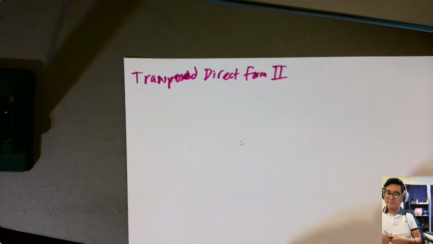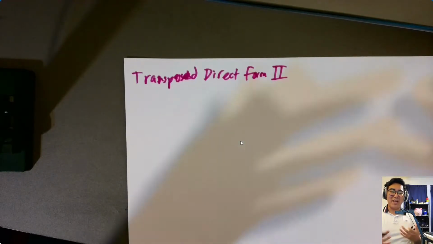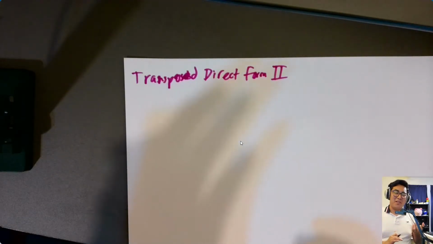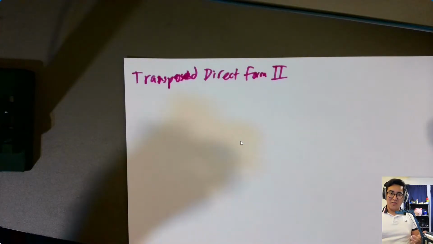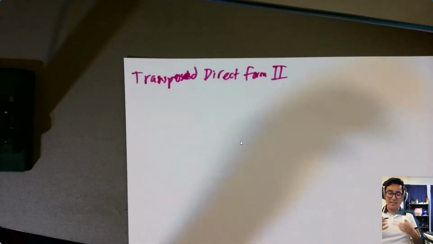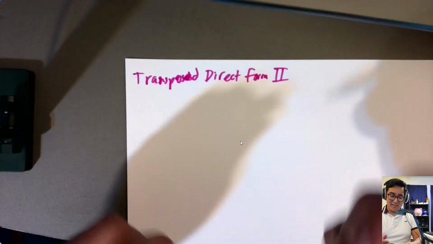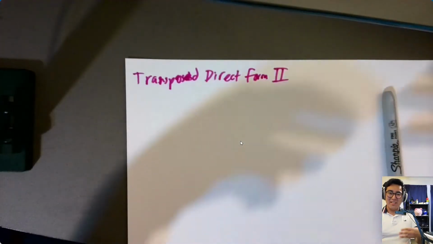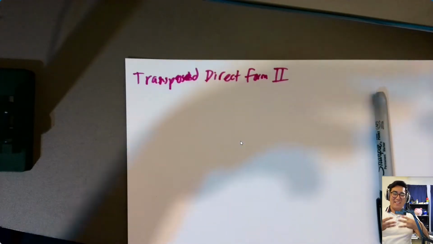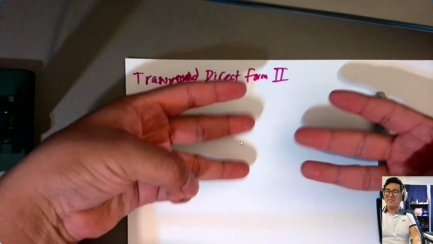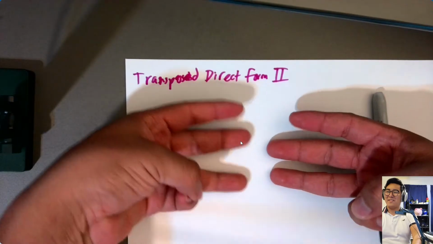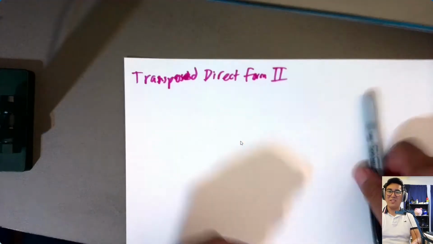Let's use black. So remember the way I told you from that one video, I think it was the introduction to linear systems, linear equations. The transpose direct form 2 is just like that. This is the way I imagine it; you can imagine it a different way. These fingers just go in. It's really easy to draw.